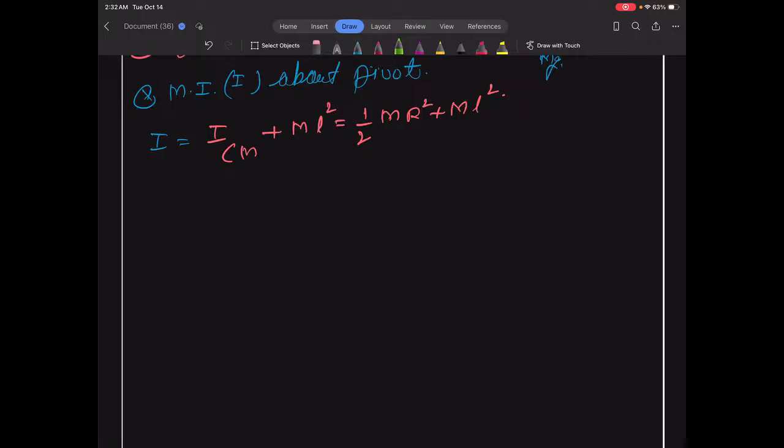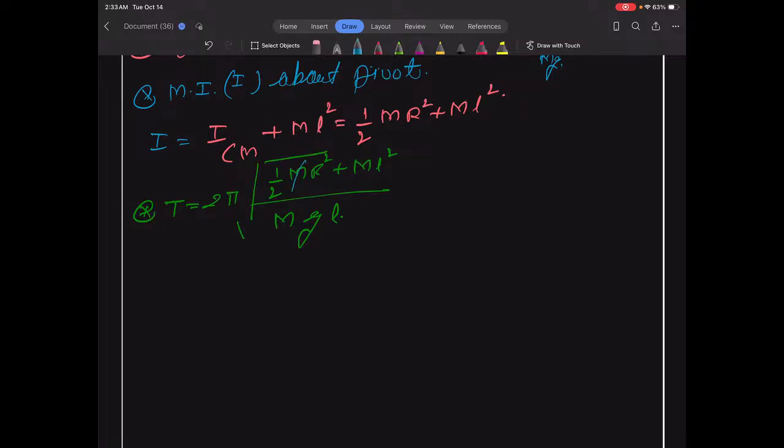We get that our time period T is equal to 2 pi, and the total mass of the system is capital M, and d is our L, and the numerator comes as half m r square plus m L square, and its square root.